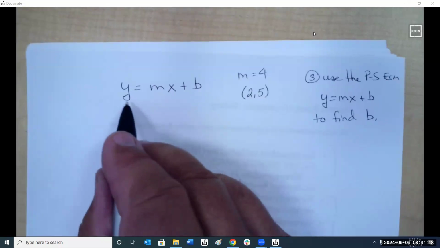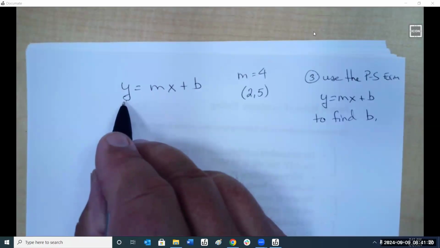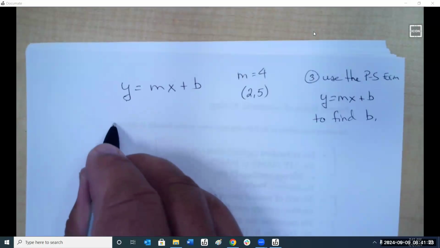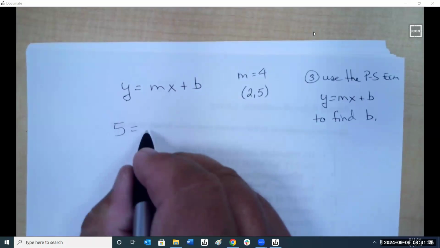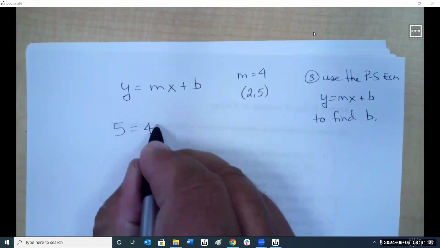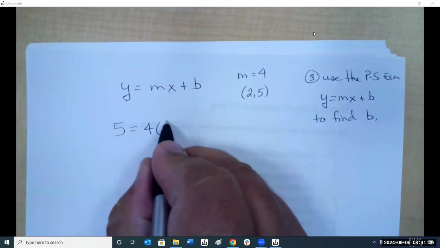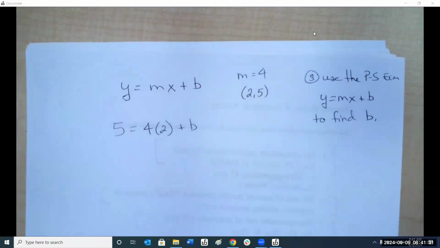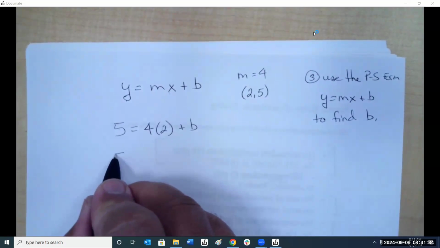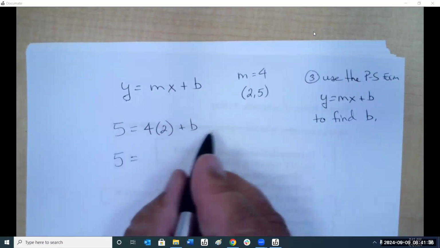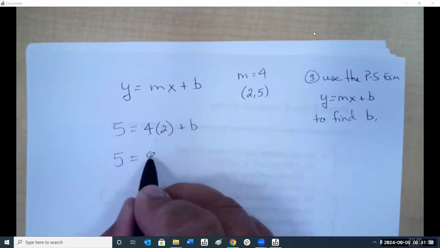So y is what? 5. m is 4, x is 2, and then we find b. Since there are no fractions, we're good to go. 4 times 2 is 8.